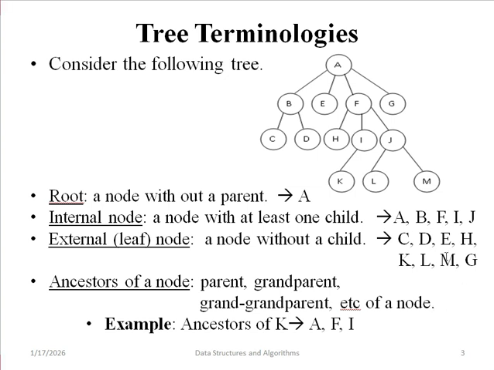For example, consider K. The ancestors of K are the parent, which is I, the grandparent, which is F, and the grandparent, which is A. Similarly, for M, the parent is J, the grandparent is F, and the grandparent is A. So these are the ancestors of node M. We start from that node and move towards the root, considering the parent and grandparent until we reach the root node of the tree.